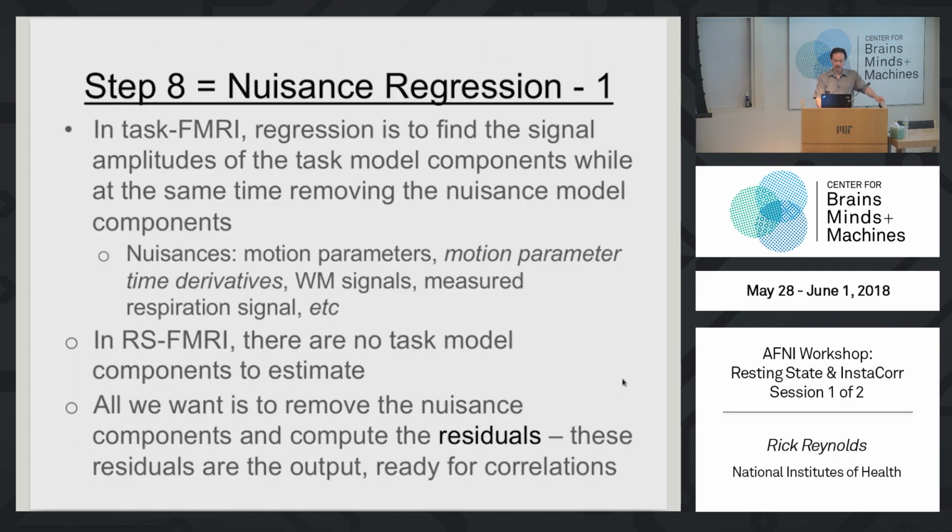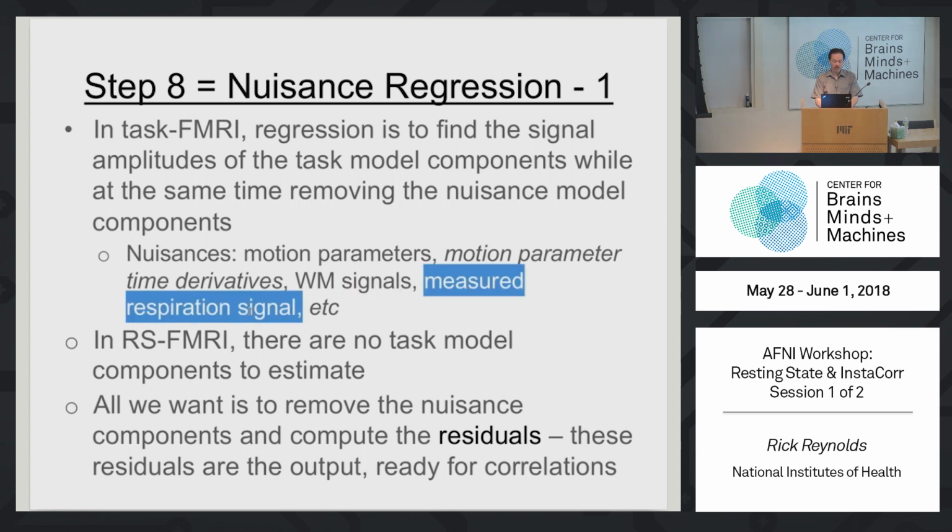Then the nuisance direct regression. So we talked about this stuff: motion parameters, the first differences, possibly white matter signal, measured respiration. So if you're collecting physiological signals, like you get the pulse ox, and you stick a respiration belt on the subject, and you can measure their breathing, if you get these at the scanner, you actually can convert them to signals that might be better captured in your data and regress them out too.